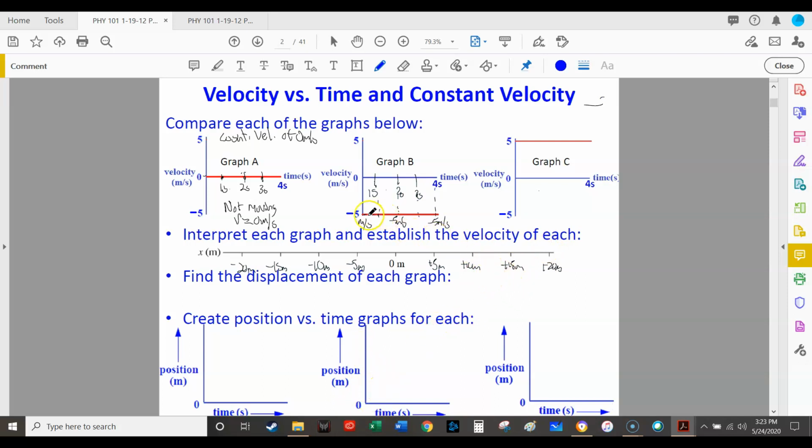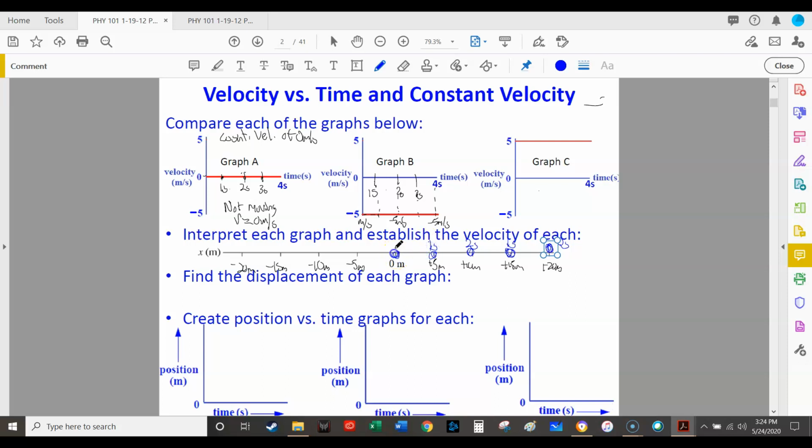So if this object is traveling to the left the entire time, it's got a negative velocity the entire time, and so I'm going to have it start at its furthest position. So at the 0 second mark, graph B is going to be starting right here, and then it's going to travel another 5 meters to the left, and another 5 meters to the left, and finally another 5 meters to the left.